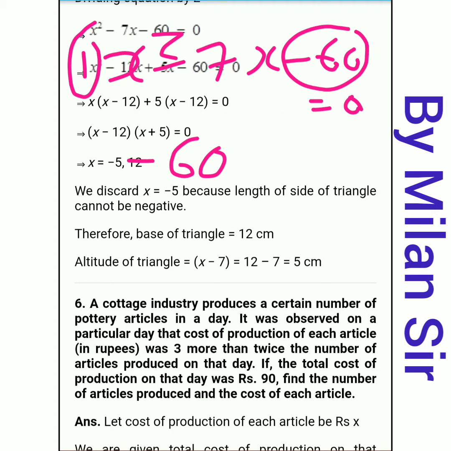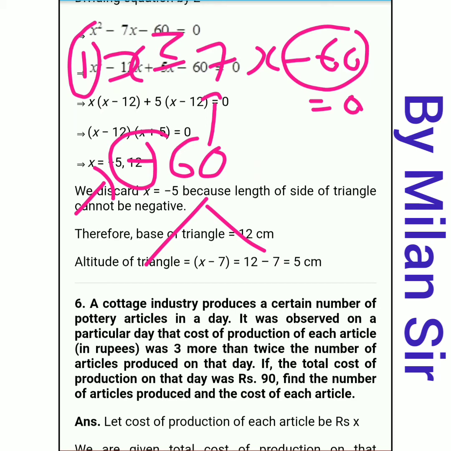Now we need to factorize this 60. We need to find two factors of 60 and we want middle term 7. But here we need to use subtraction process because here our sign is negative. So we need to use subtraction process.